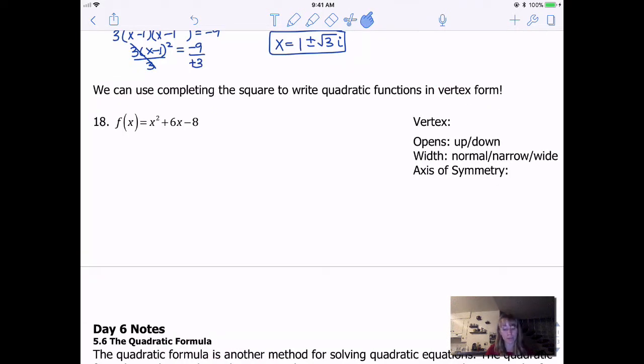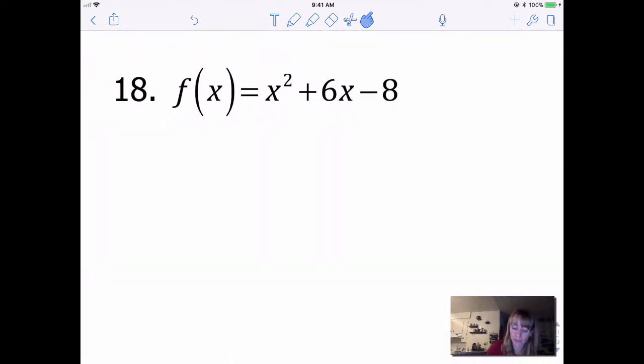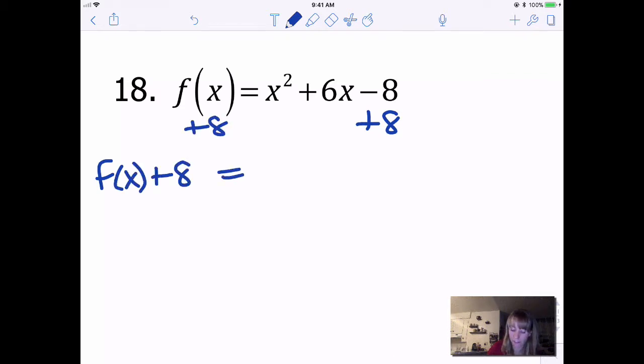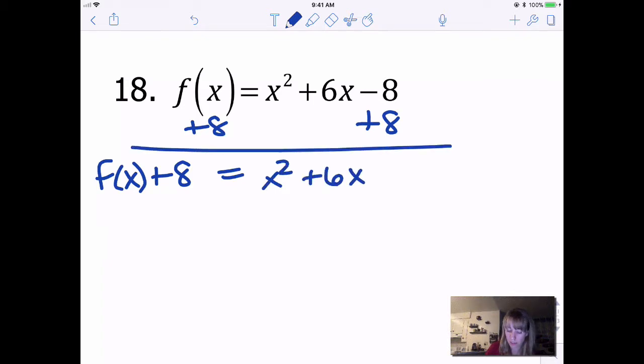The other cool thing with completing the square, we can actually use this to write our functions in vertex form. So if I want to complete the square here, I can still get rid of this 8. I can say f of x plus 8, so I'm adding to both sides still, is x squared plus 6x plus blank. And I'm still going to have a plus blank on that left side.